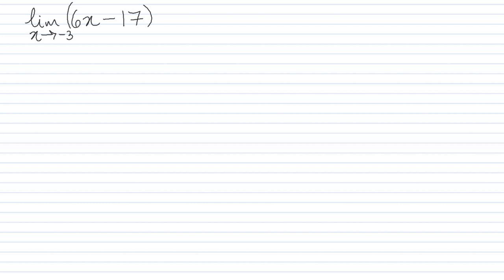All you have to do is apply the limit law. The way you apply it in a question like this is you end up with the limit as x goes to negative 3 of 6x, minus the limit as x goes to negative 3 of 17.